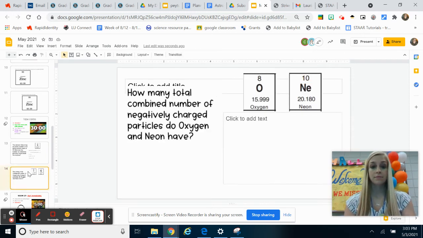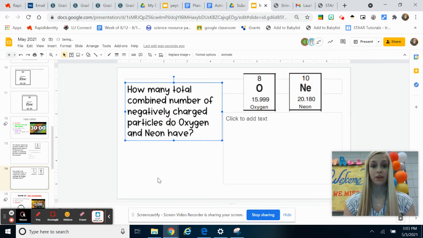This one says, how many total combined number of negatively charged particles do oxygen and neon have? So that once again, that's some words to confuse you. How many total combined number? They could have just said how many total number. But combine means you're going to combine, so add together.